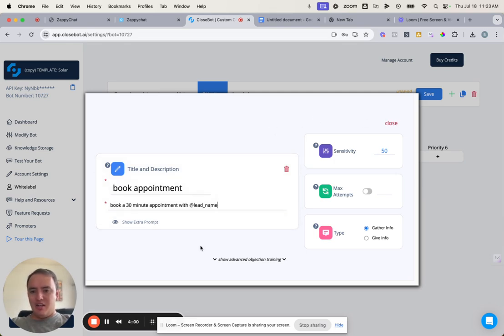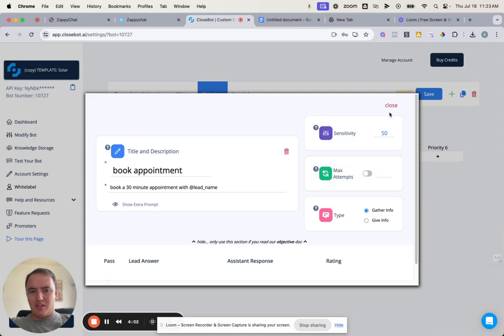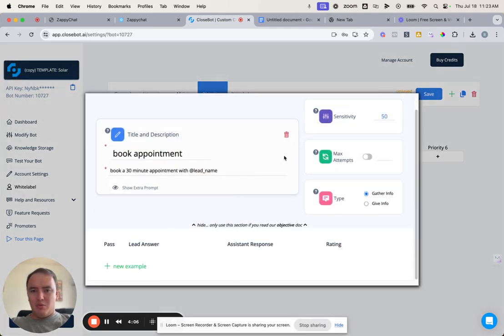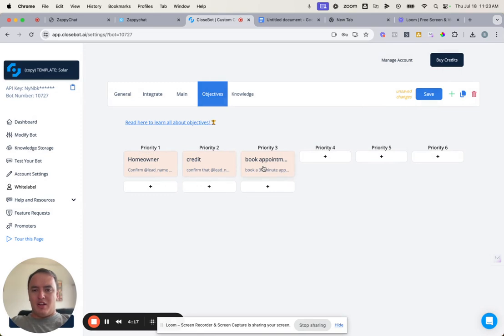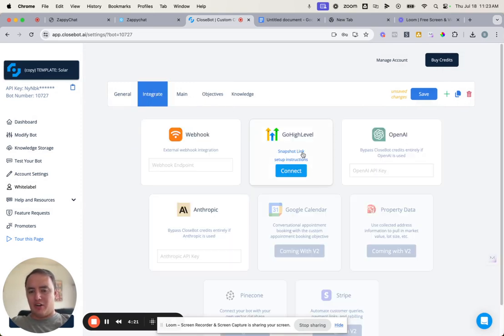And that's it. The way you would set that up here is, once you get this going, you would just connect it to a calendar in your GoHighLevel. The calendar didn't show up here because this isn't integrated right now.